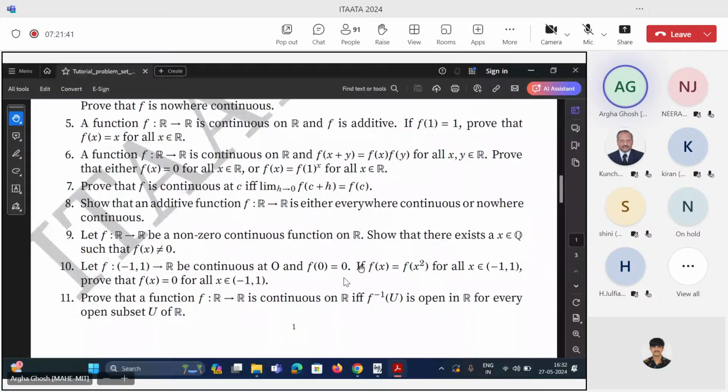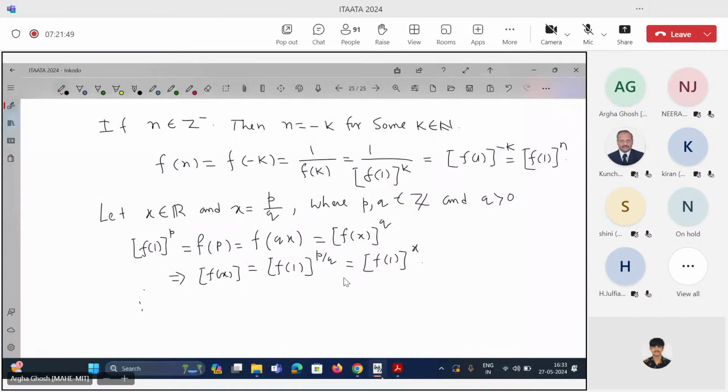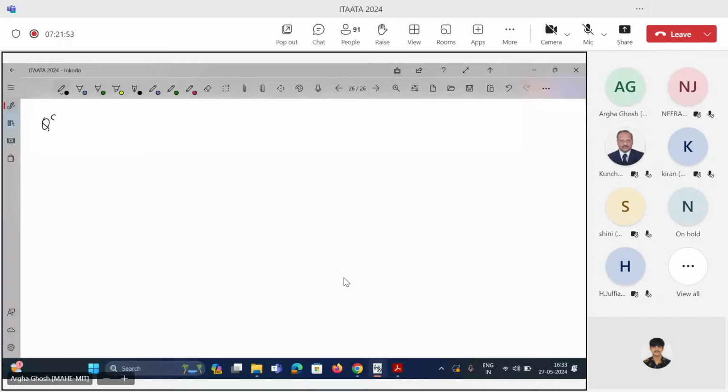Okay, I write the information. So question number, it is 8, right? What is given? f of x plus y is f of x plus f of y. So it is additive.